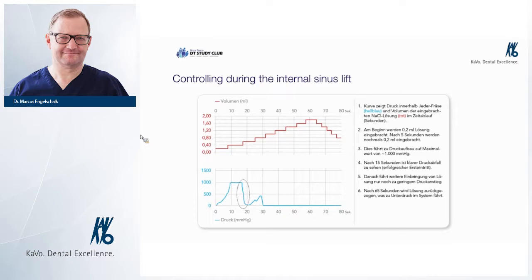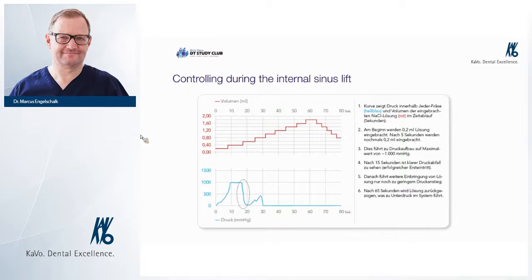You push back the membrane, and then you bring in the augmentation material. And as I mentioned before, the problem for the internal sinus lift is not gaining enough height for the augmentation. Now you see the height gain of 9.2 millimeters is very good.